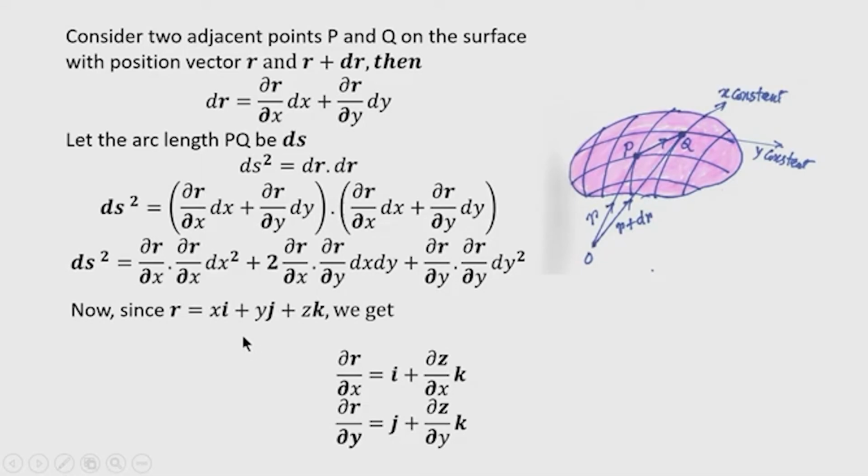The magnitude of i is 1 and the direction of the i vector is along the x axis. Then if I differentiate the y term with respect to x, that differentiation will be 0, because y is to be treated as a constant when differentiated with respect to x.